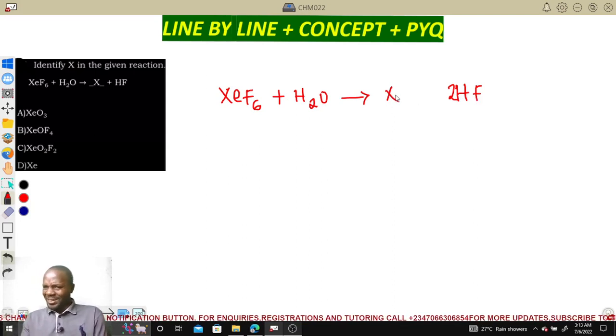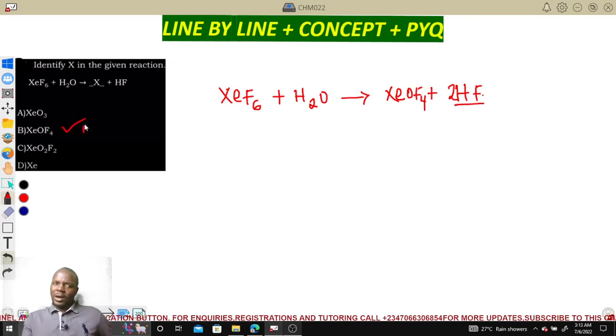It's a simple way to write hydrolysis reaction. Se, yes, then F4. 2 hydrogen is gone, so no more hydrogen. 2 fluorine is gone. Remain F4, then oxygen. So SeOF4. I hope you guys understand what I've done. So that is the logic on how to know answers to partial hydrolysis of SeF6.